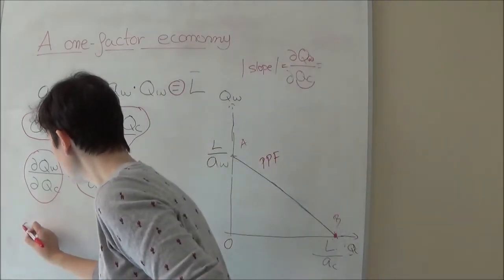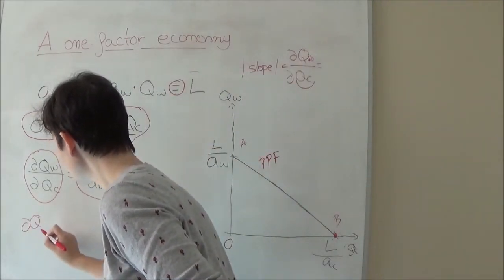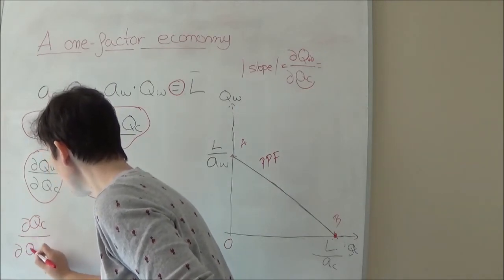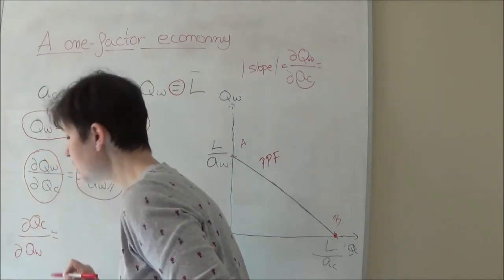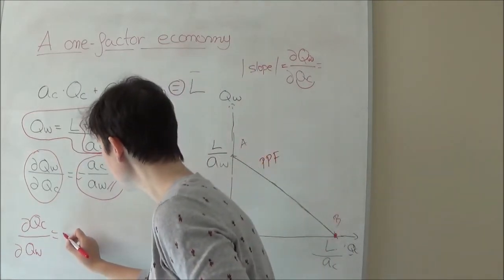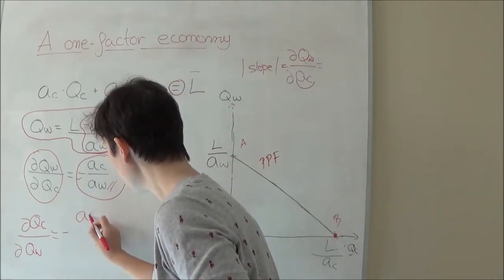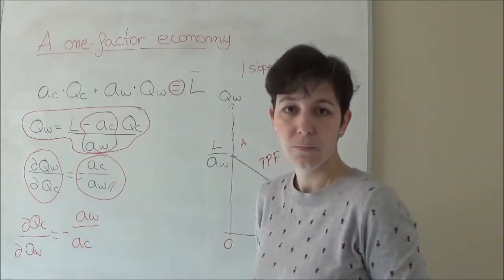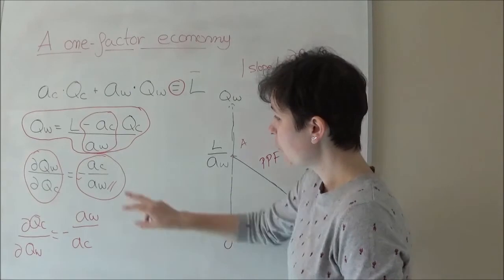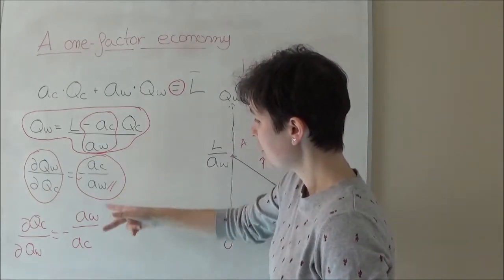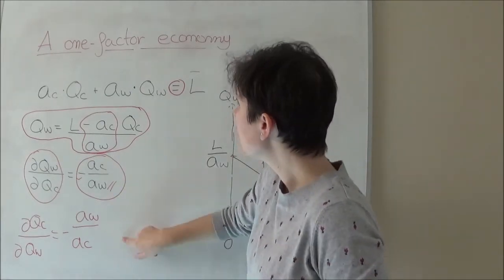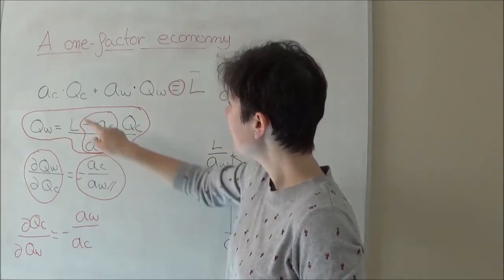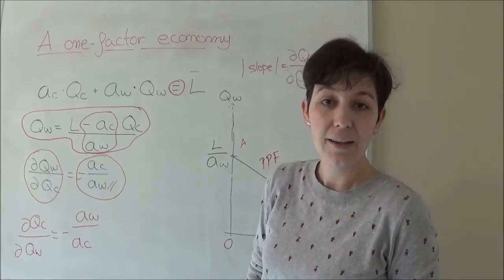So, how does cheese change when wine increases by 1 unit? It is going to be just the inverse. Wine is going to be here, while cheese is going to be down. Okay? You can do just this, change the numbers, or you can take, instead of this function, the one where cheese is the variable that is isolated.